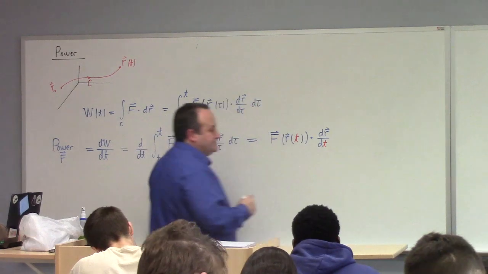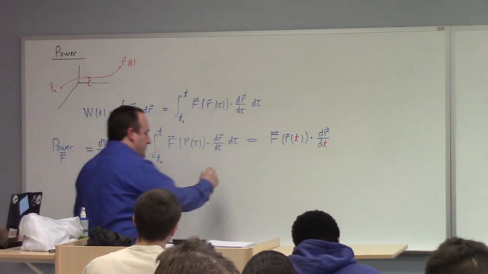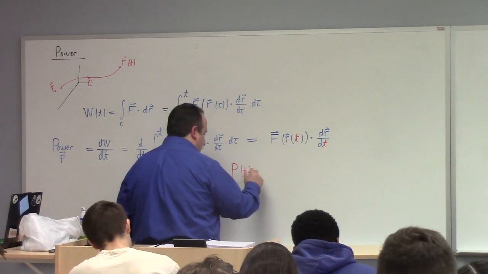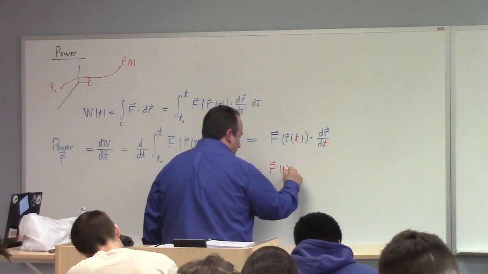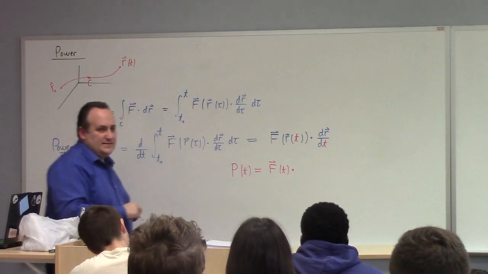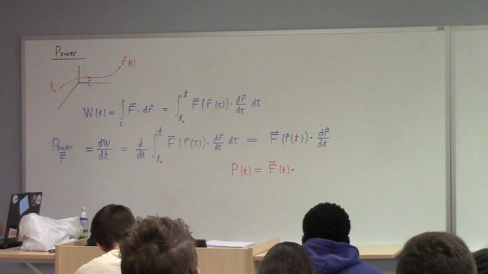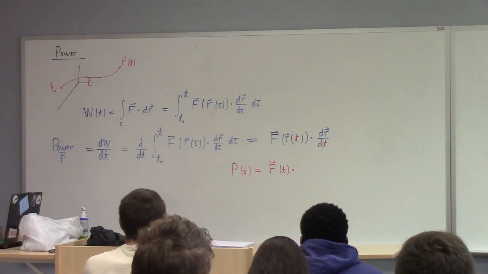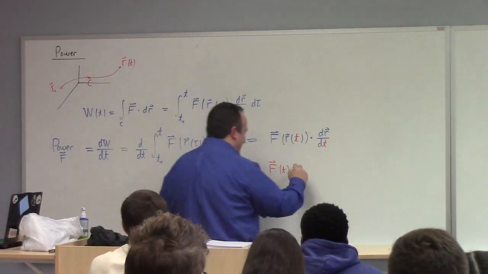So anyway, T and T. There we go. Now, this gives us the formula. The power as a function of time t is equal to the force at time t dot what? Well, this is velocity, right?